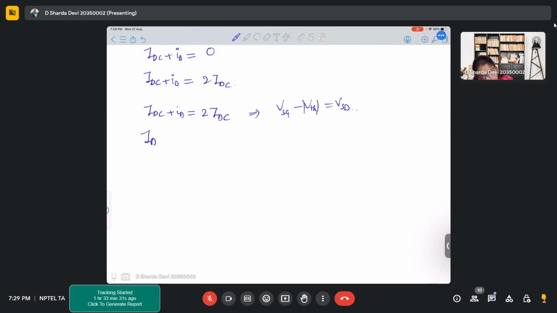Now ID is how much? It is K times (VSG minus VTH) whole square.